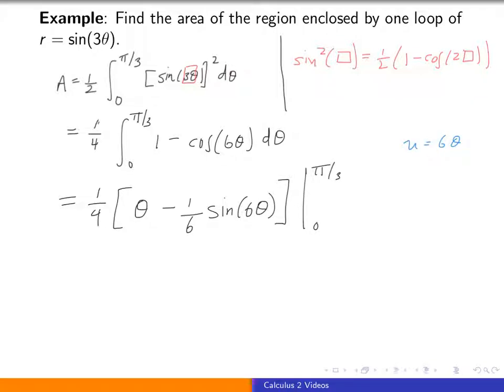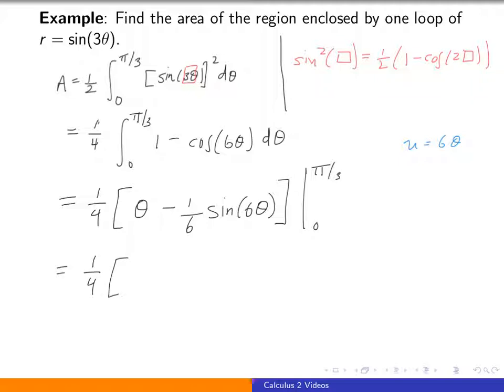You can also double check this very easily with a differentiation. When you differentiate, the chain rule tells you it would be cosine 6 theta times 6, which cancels off that 1/6 out front. So we plug in pi over 3, we put a minus sign, and we plug in 0.